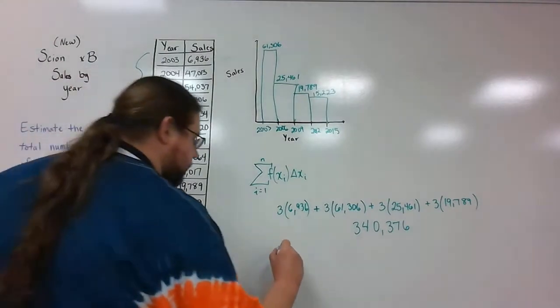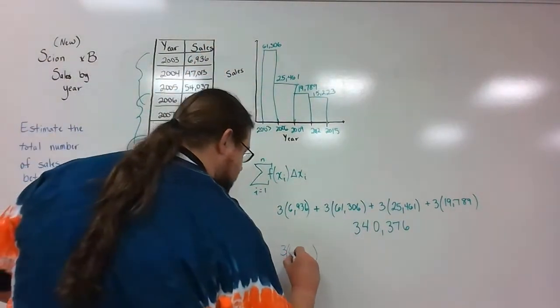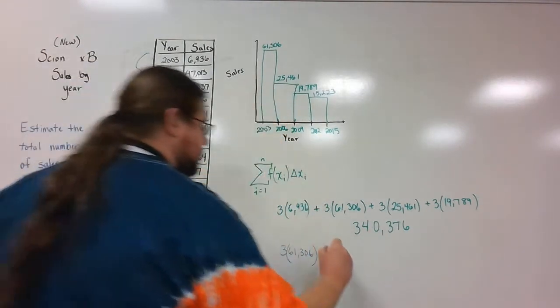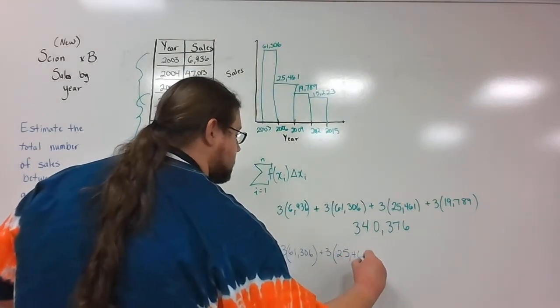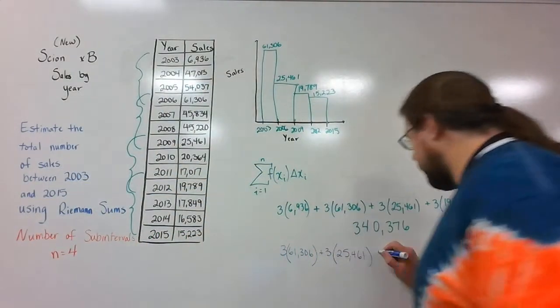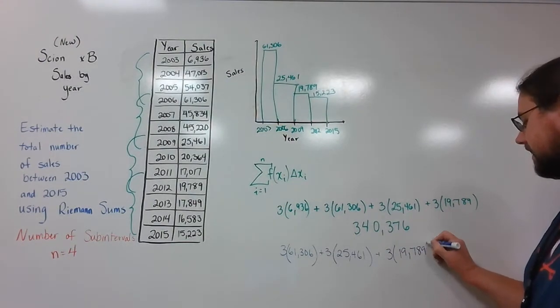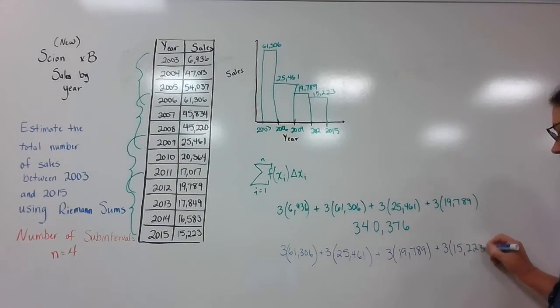So we're going to do 3 times 61,306 plus 3, which is my width, times 25,461, I'm going to switch sides here, plus 3 times 19,789, plus 3 times 15,223.